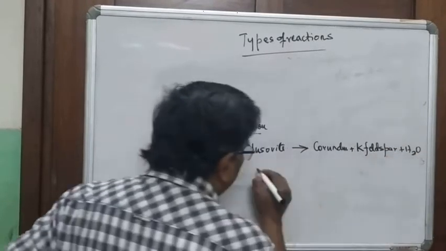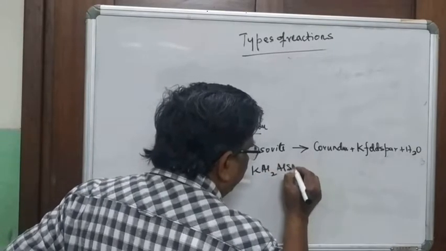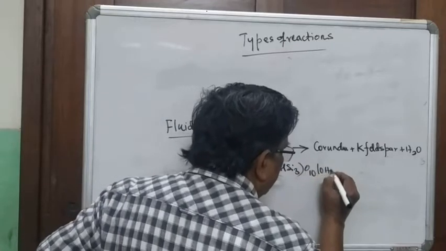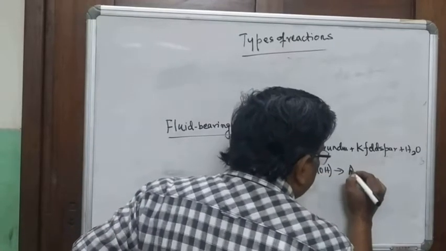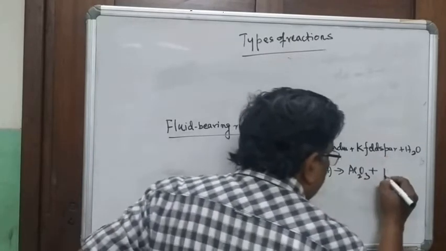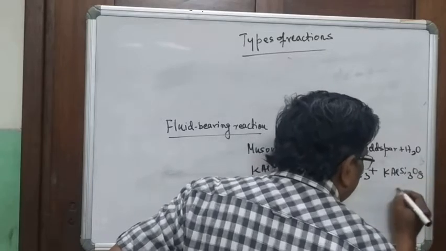How does this work? KAl2AlSi3O10(OH)2, that's muscovite, breaks down to Al2O3 plus KAlSi3O8 plus H2O.